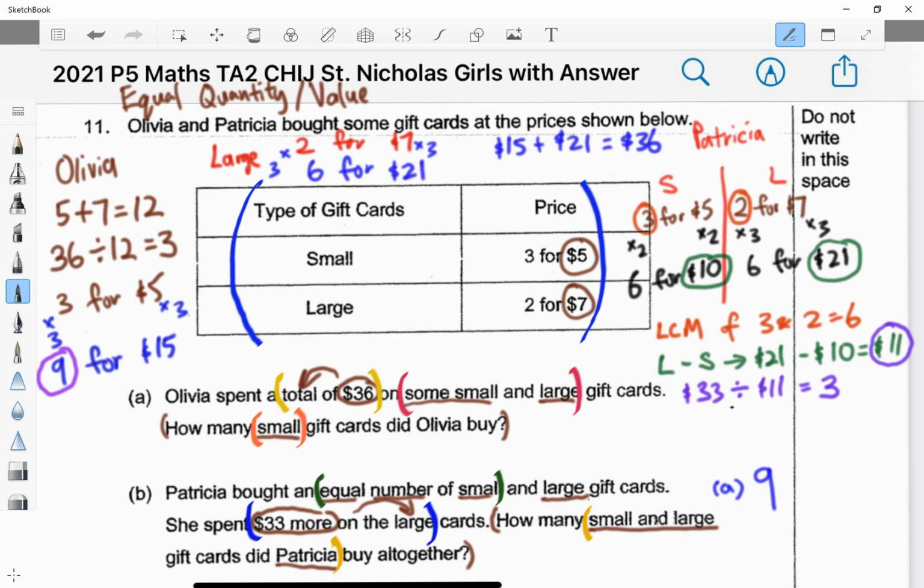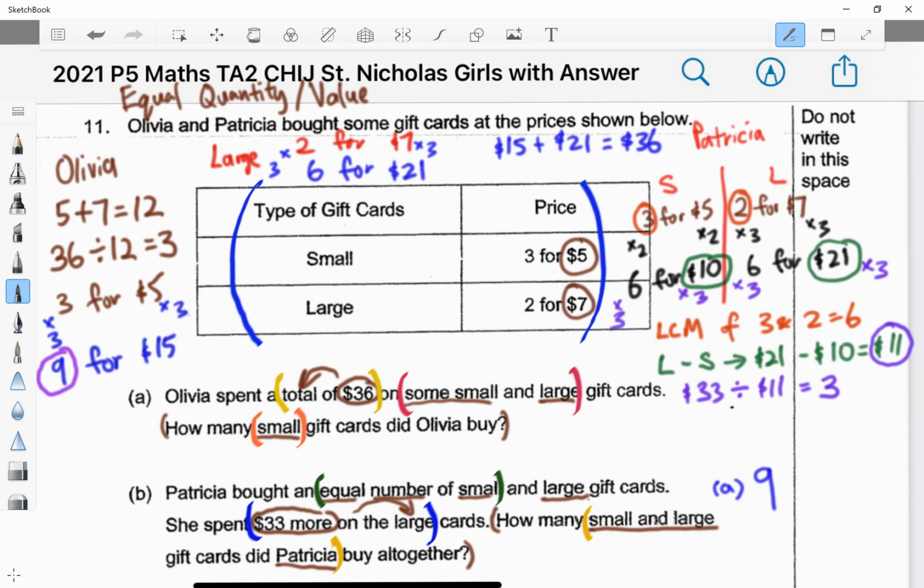So what am I talking about? Let me add on to my working space. I will multiply by 3 on the right side and on the left side, and I'll do the same for the small gift cards. I'll write out neatly for everyone.